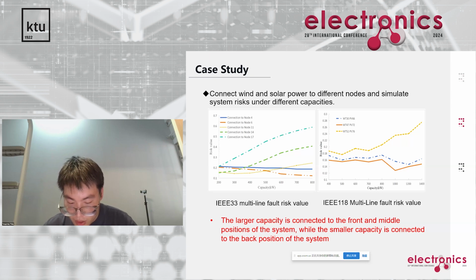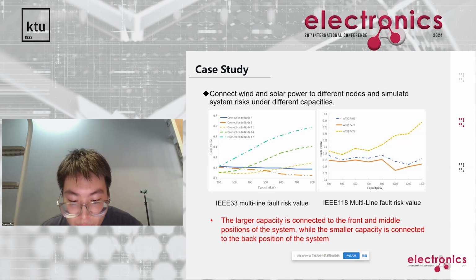Here we use a combination of the entropy weight method and analytic hierarchy process to determine the final weights. Multiply the risk value for a certain state by its probability, and then sum up the results for all states to obtain the comprehensive risk value of the system.